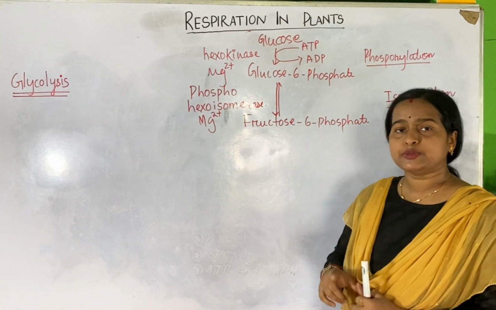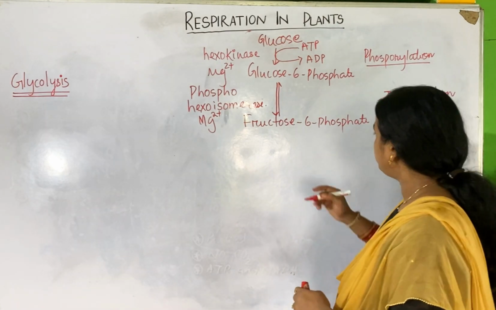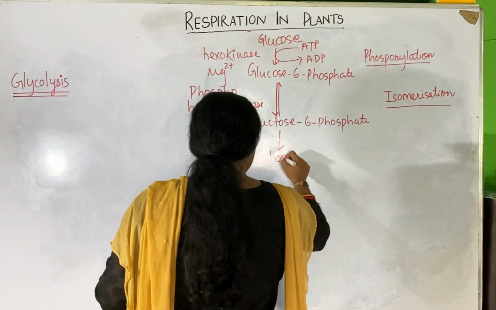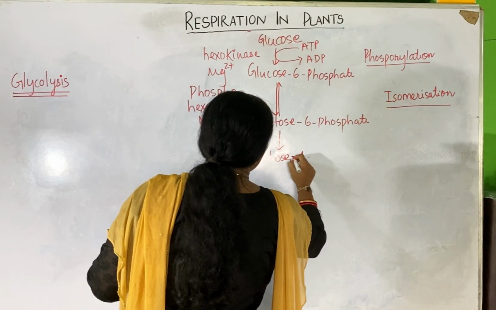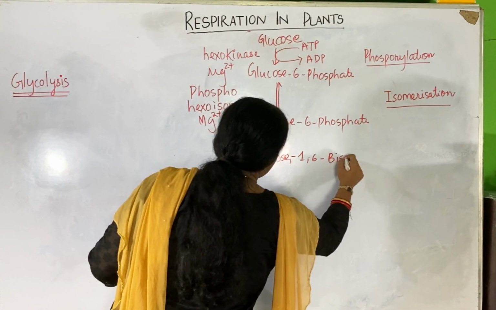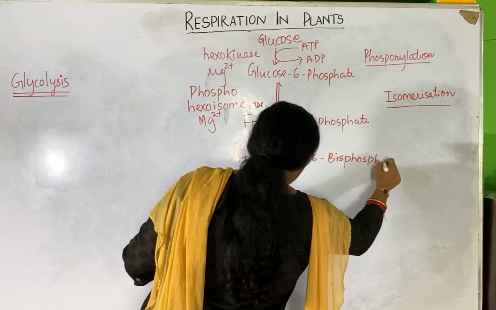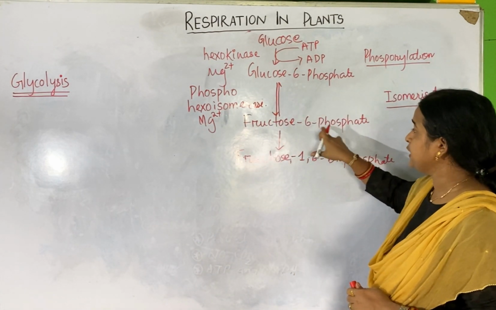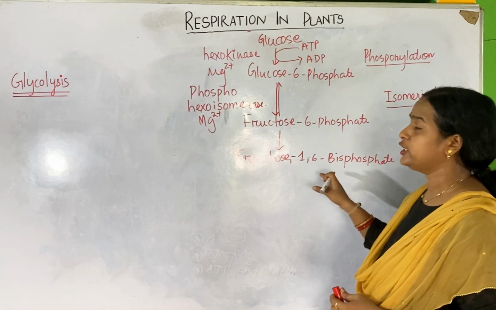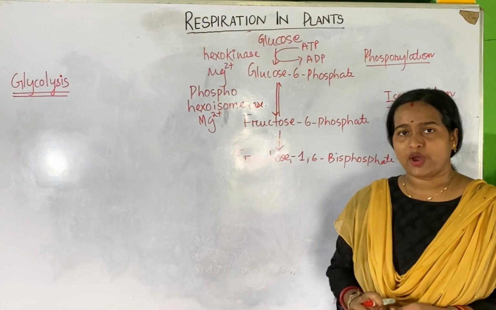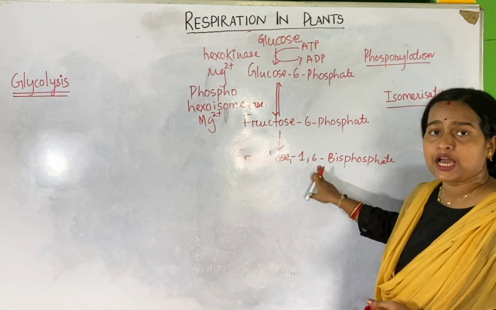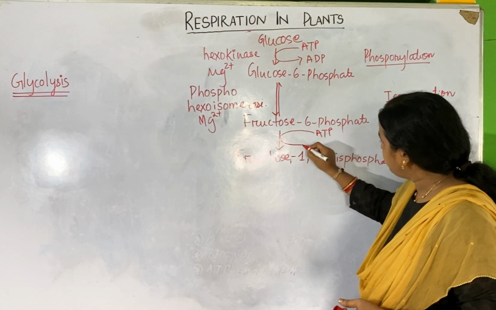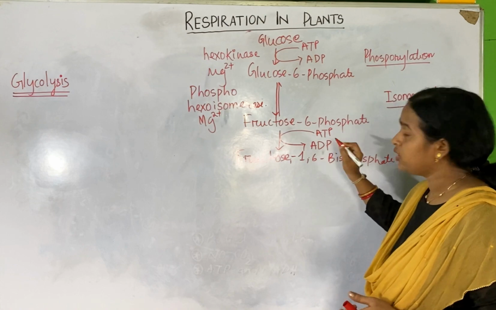Now the fructose 6-phosphate will be converted into fructose 1,6-bisphosphate. Here you can see only one phosphate is attached to the fructose molecule, but now there are two phosphates, one on carbon 1 and the other on carbon 6. That phosphate is also provided by ATP, which will be converted into ADP.